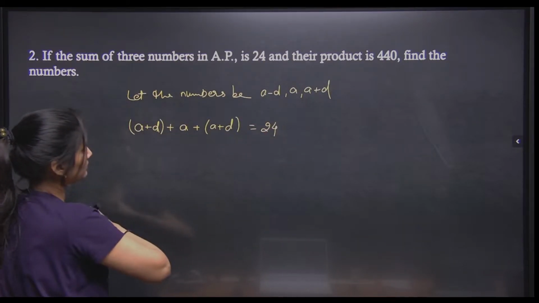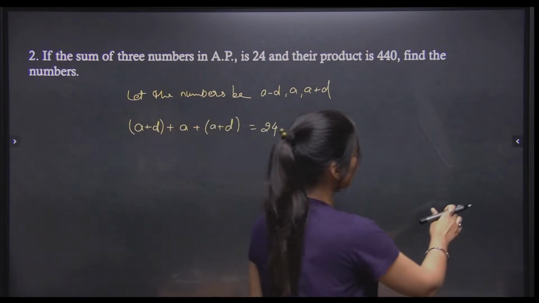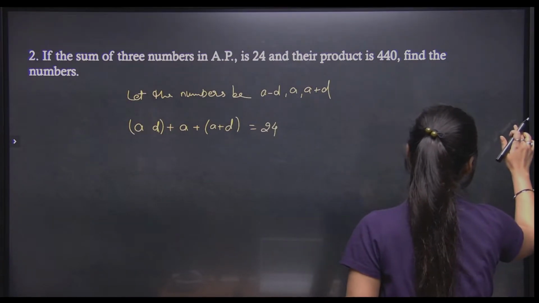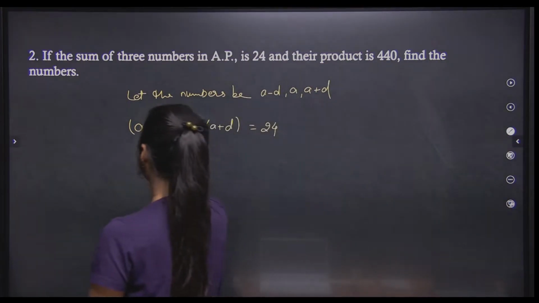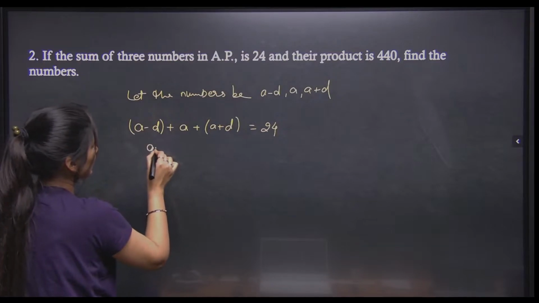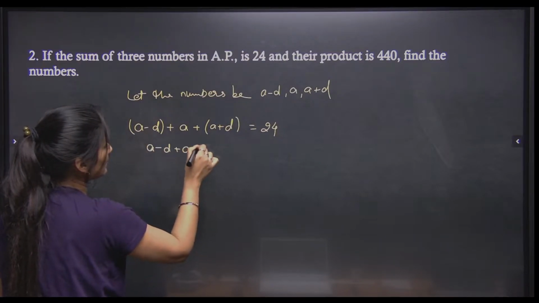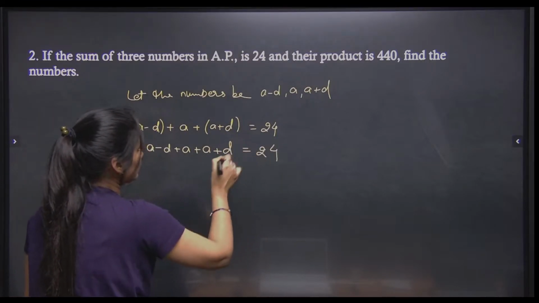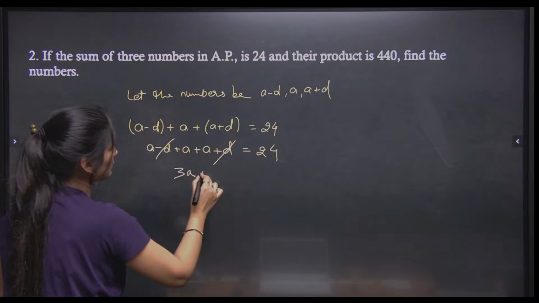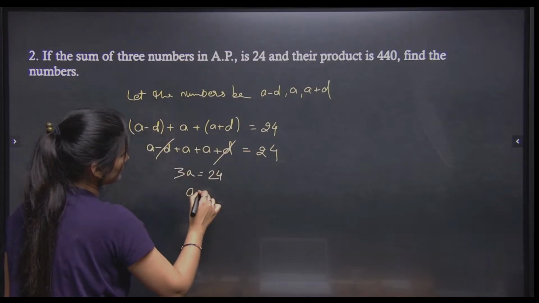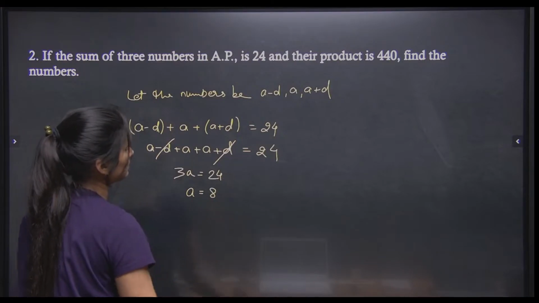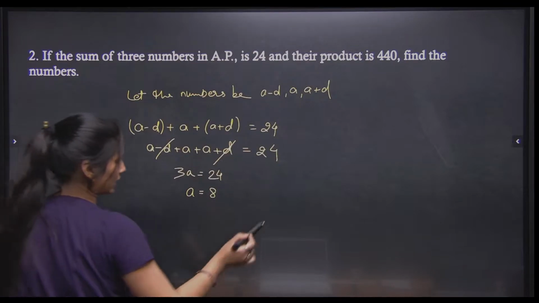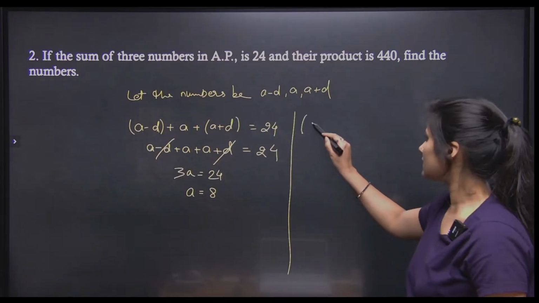Now this is a minus d plus a plus d is equal to 24. Now it will give 3a is equal to 24. So a is equal to 8. Okay. So the question says their product is 440. So the second thing is the product of these 3 things is 440.